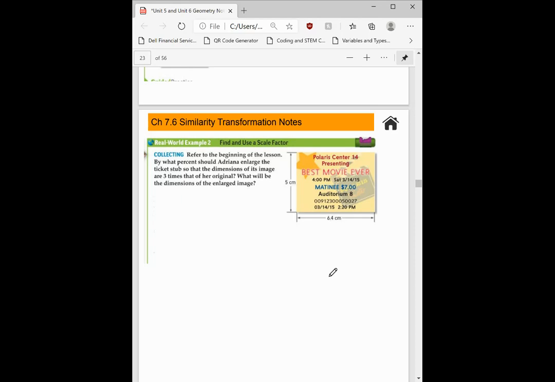So if we were to write this in a percent, this would be 300% bigger because 100% is the original length and 300% would be the larger length. So all we have to do is multiply each of these sides by 3. So we have 5 times 3, which is 15 centimeters, and 6.4 times 3, which is 19.2 centimeters.